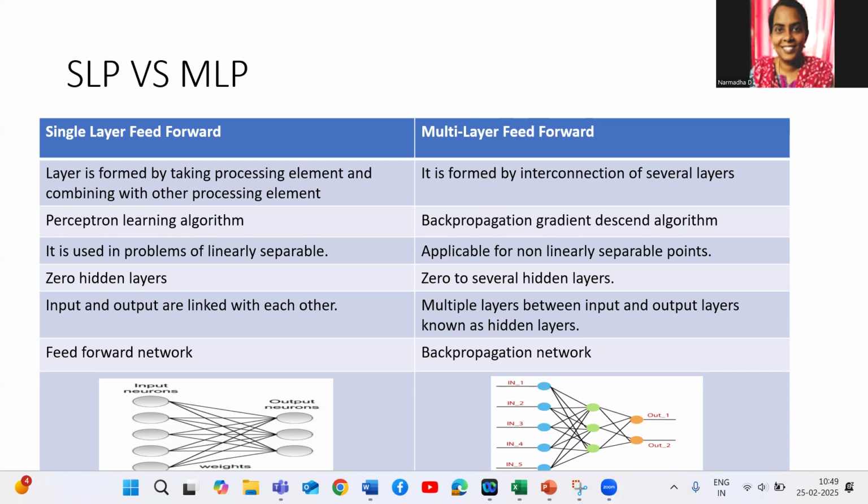We have also seen that there are zero to several hidden layers in a multiple layer perceptron, but in a single layer perceptron, there are no hidden layers.